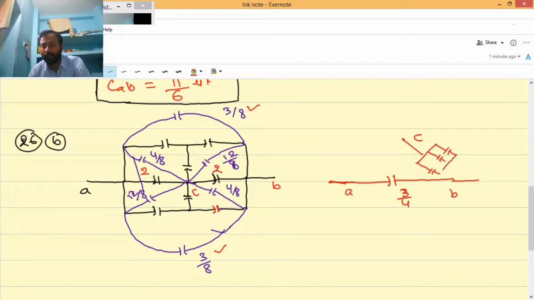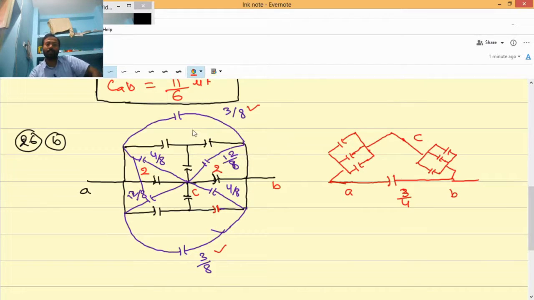So we will first evaluate these values and then write them there, and again in between A to C we will have 3 parts. So we will write it like this.